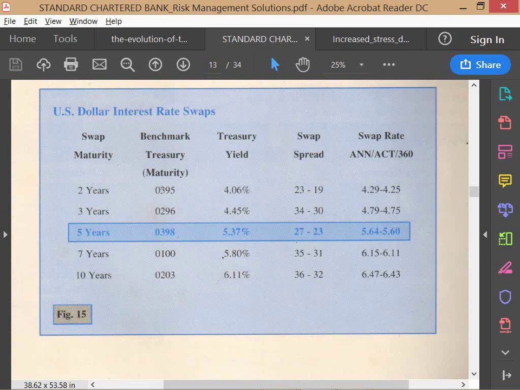These fixed rates that you're seeing here, the swap rates, are all quoted by default against 3-month LIBOR flat.